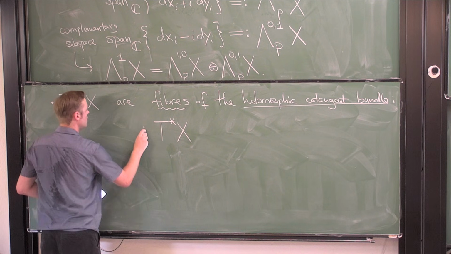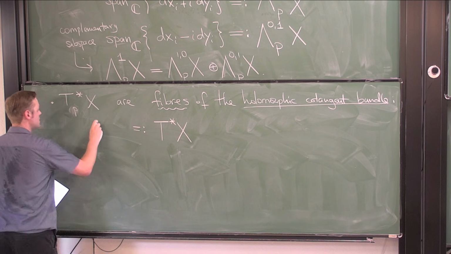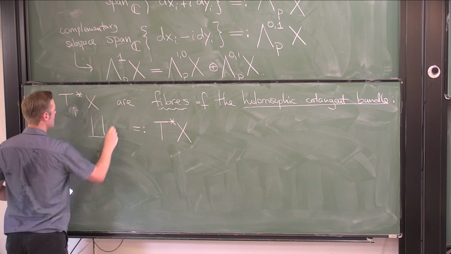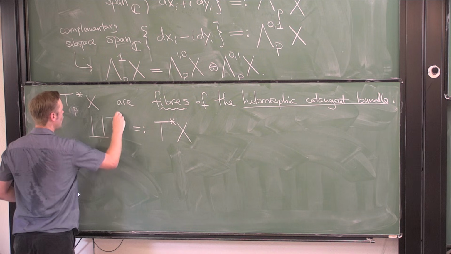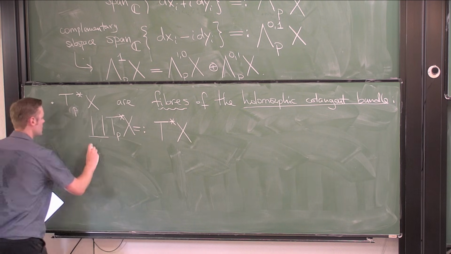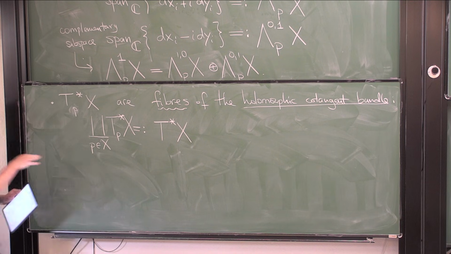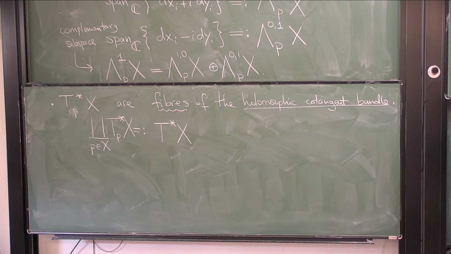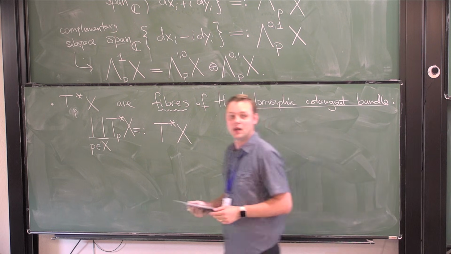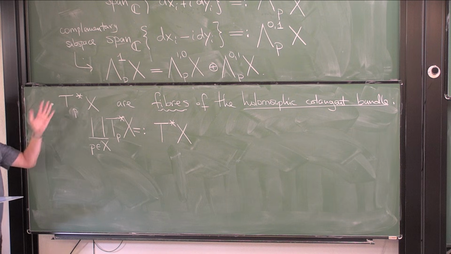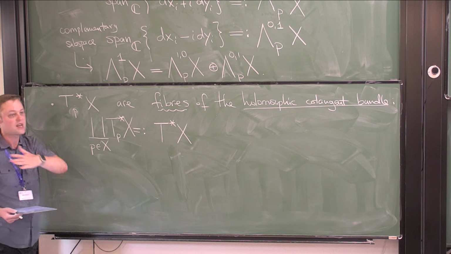By definition, this is just the disjoint union of all the complex cotangent spaces as I go over my entire manifold. Just take all these cotangent spaces, all these spans of dz's or dx_i plus i dy_i, put them together into a total union, and you get a huge set of junk.